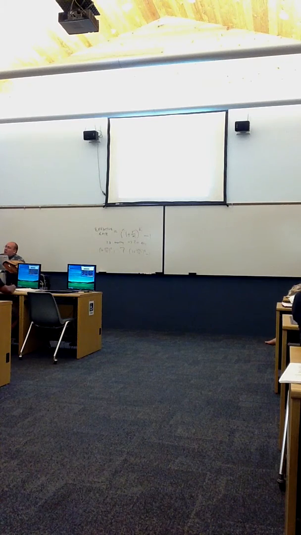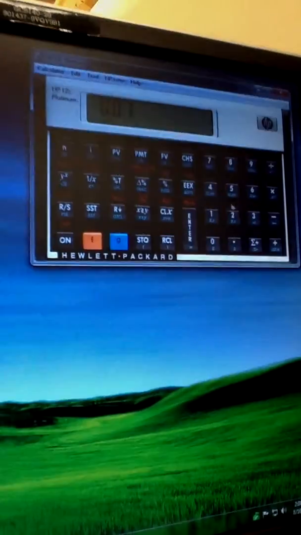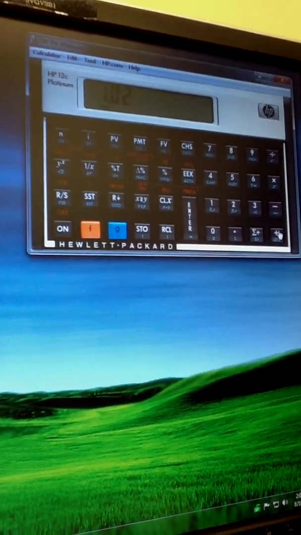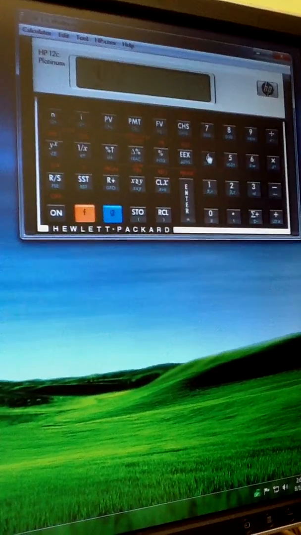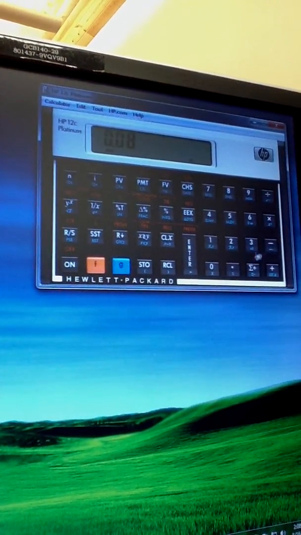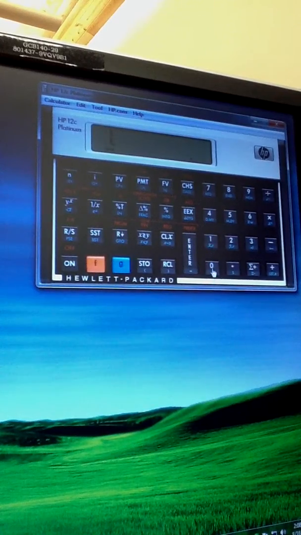We're going to store it in 0. Okay? Now the other one was 7.4%, right? So 0.074, enter, 4 divided, 1 plus, 4, y to the x, 1 minus, and then 100 times.